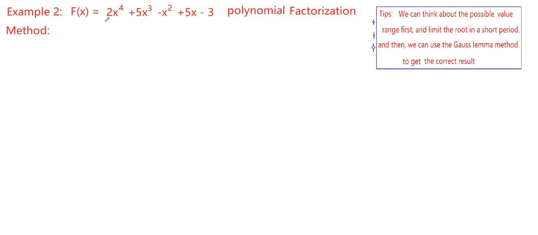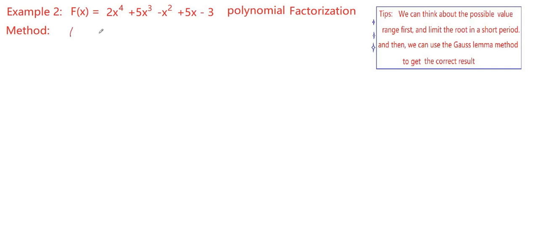Example 2. f(x) equal to 2x to the fourth power plus 5x to the third power minus x squared plus 5x minus 3. We want a polynomial factorization.